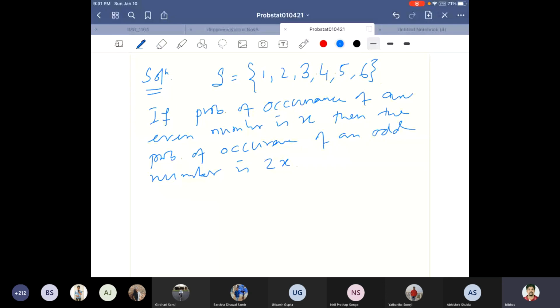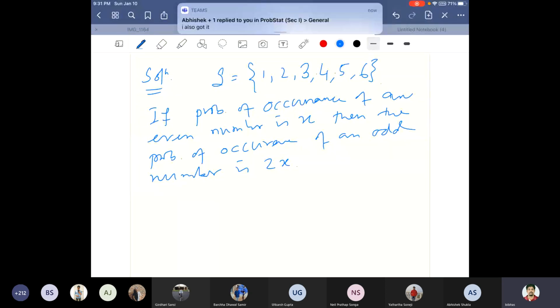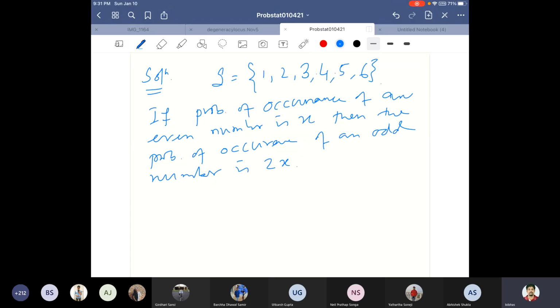So what is the probability of occurrence of 1? 1 is odd, so it is 2x. The probability of occurrence of 2 is x. Probability of occurrence of 3 is 2x again.